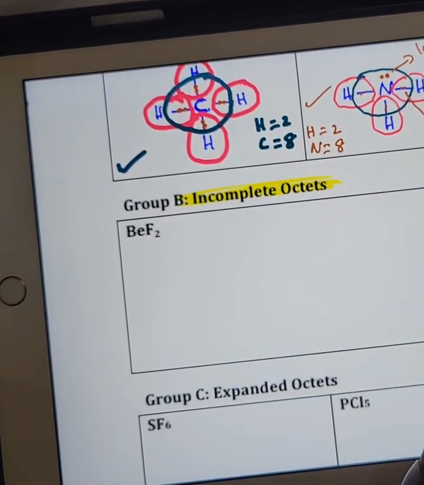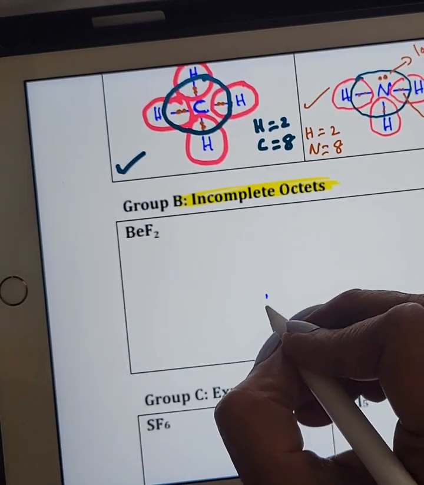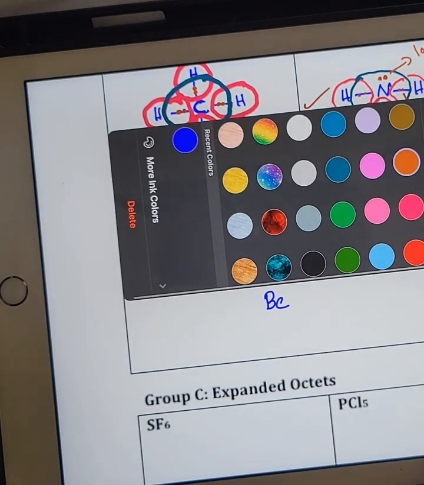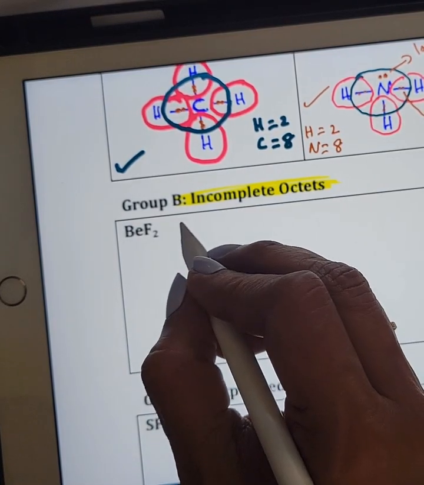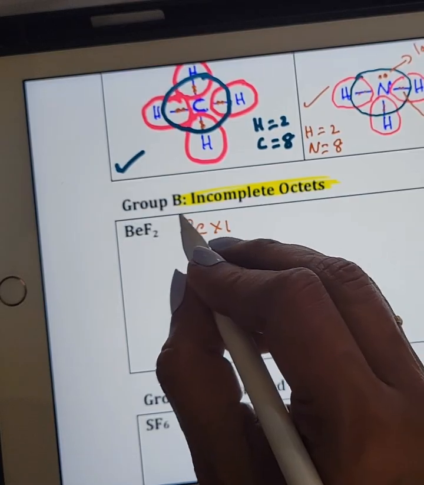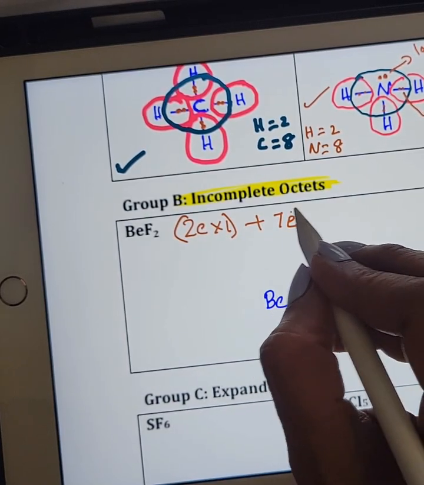Okay, now decide the central atom, beryllium and fluorine, which will come in the center. Beryllium will be in the center. Oh, we didn't calculate the valence electrons. Let's go calculate that. Sorry. So beryllium is in group 2, 2 electrons, and there is only 1 beryllium, okay? Plus fluorine is in group 17, 7 electrons.